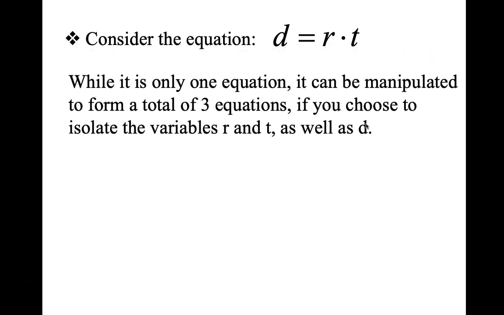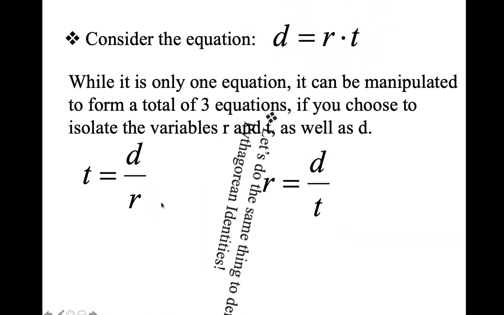It's one equation, but it can be manipulated to come up with 3 different equations. Instead of having the d isolated, I could isolate t by saying t equals d over r. I could isolate r by taking d over t. So basically, out of one equation can come three.